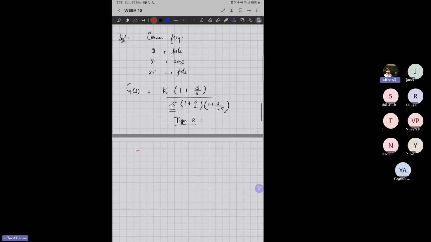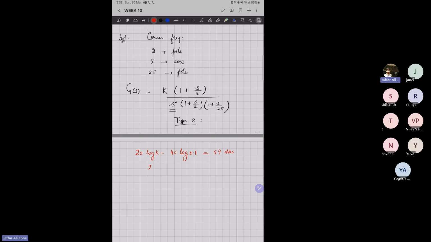So I told you for a type 2 system, 20 log of k minus 40 log of omega naught, which is 0.1 here, is equal to the magnitude of this, which is 54 dB. So the question becomes easy. Why? Because already this initial magnitude is given.